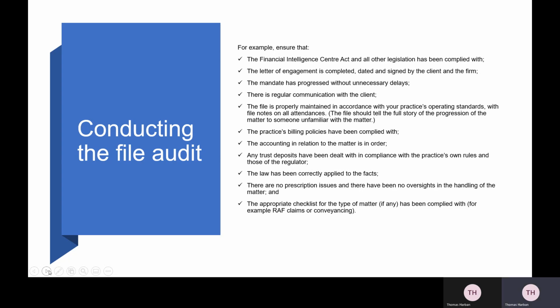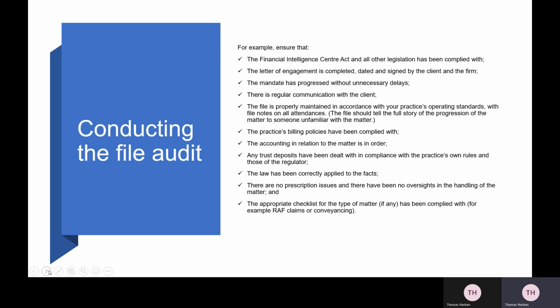Also, you can check whether your billing policies have been complied with. Have you rendered accounts to clients regularly? Are there any matters where work has been done, but there's been no accounting to clients, and therefore you haven't received fees to assist with your management of cash flow?